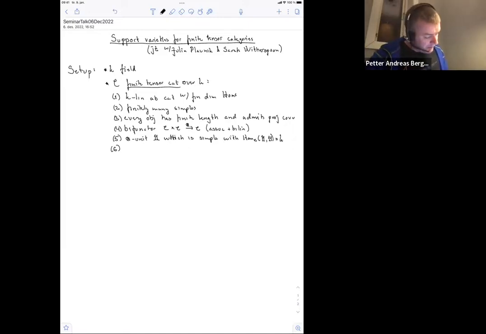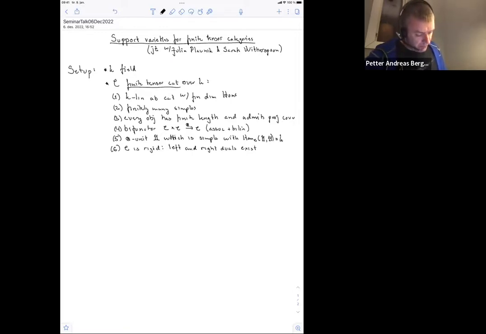And then finally, we require that C is rigid. So this means that every object has a left and a right dual. So let me just write that left and right duals, they exist.